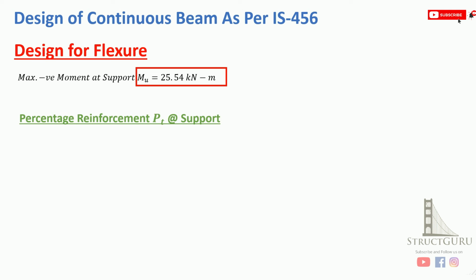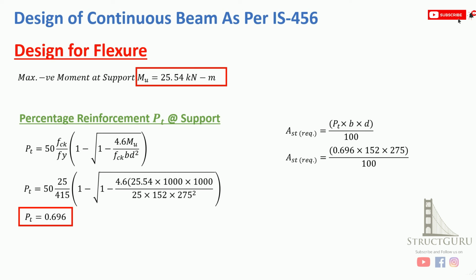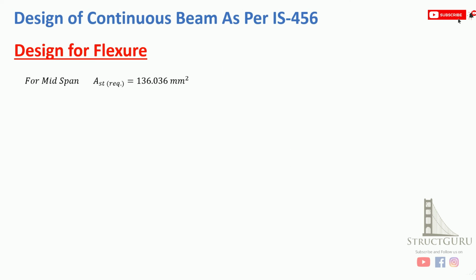In a similar manner, we will be calculating the percentage of reinforcement at the support by using this formula. After inserting the values, the percentage required is 0.696 and the area of steel required for negative reinforcement is 290.98 millimeters square. So the final calculations: for mid span, the area of steel required is 136.